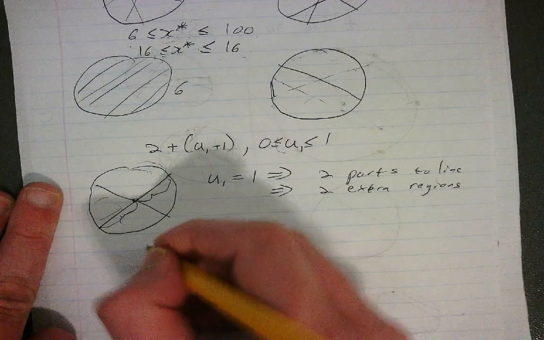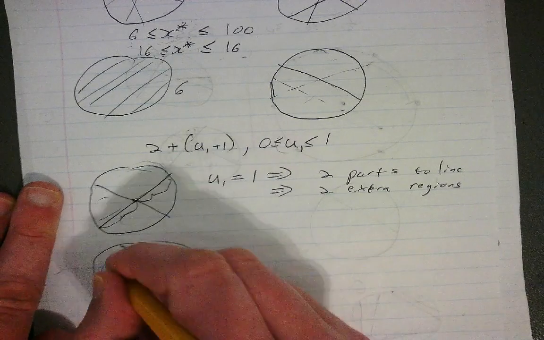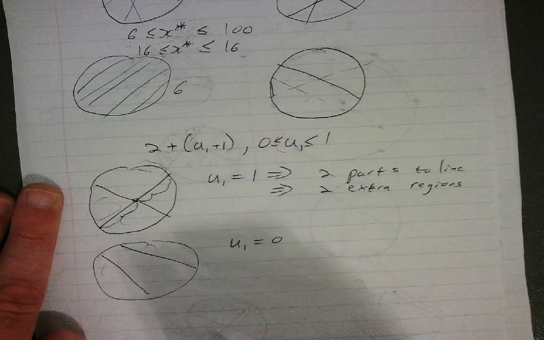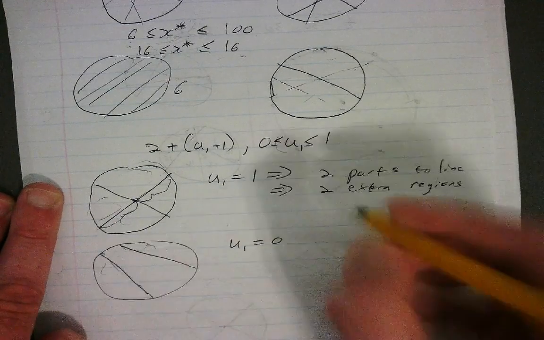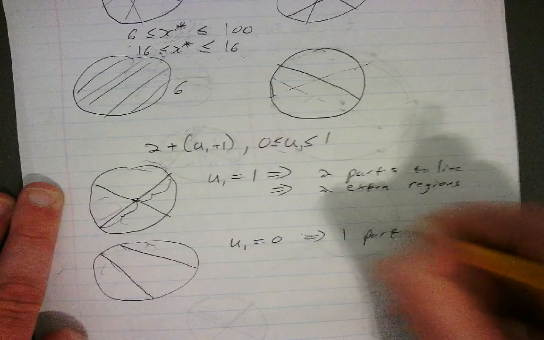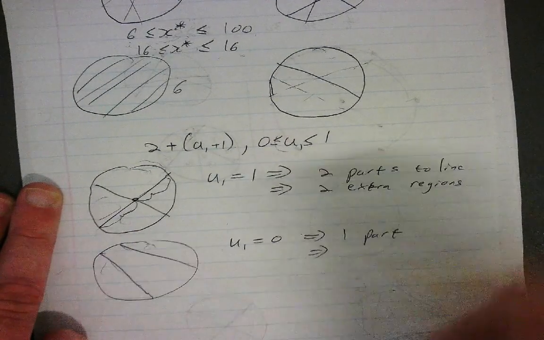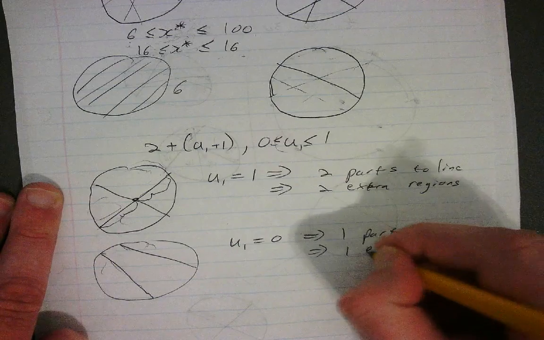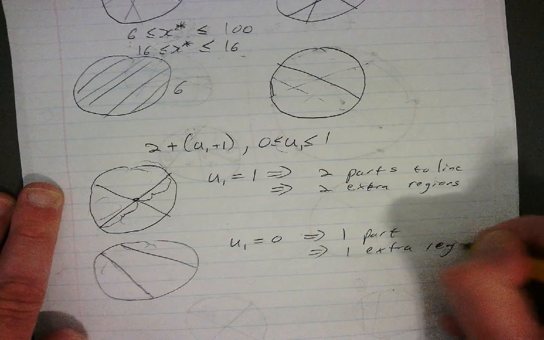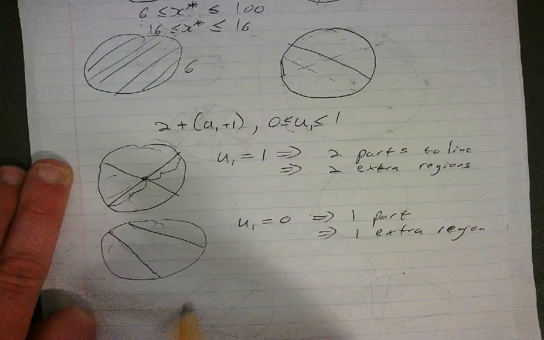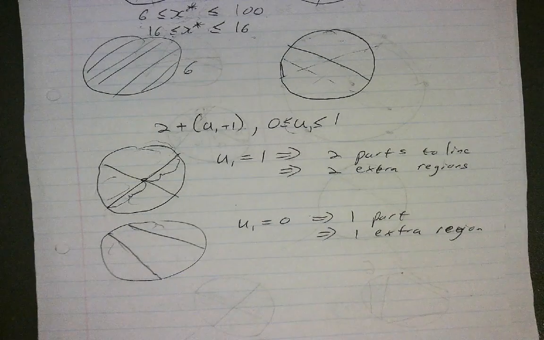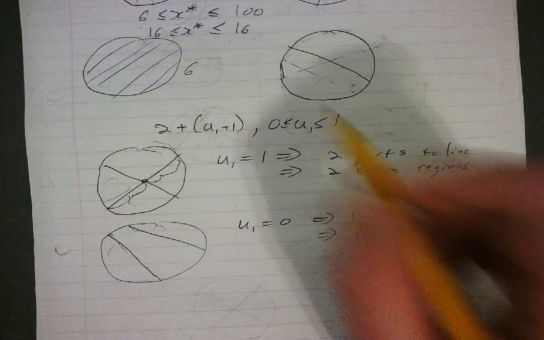And if U1 is 0, then this line only has 1 part, which implies that there is only 1 extra region. Okay. So that is for the second line.